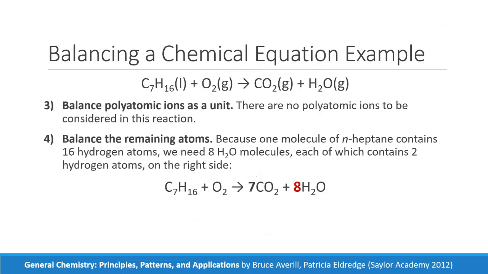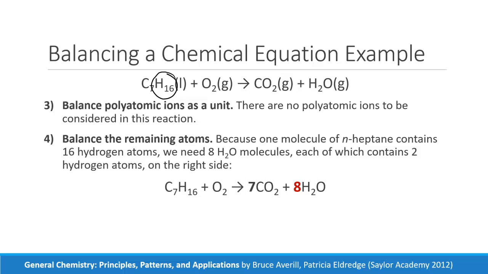And then the next thing that we look at is hydrogen. So for hydrogen, on the reactant side, we have 16 hydrogens. And so we're going to need 16 hydrogens on the product side. Well, remember that I said that your coefficient times your subscript needs to multiply and equal the total number of atoms that you have.